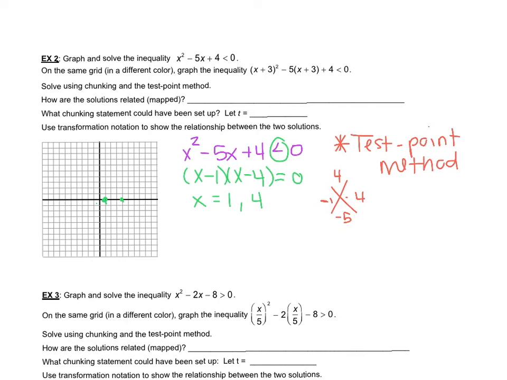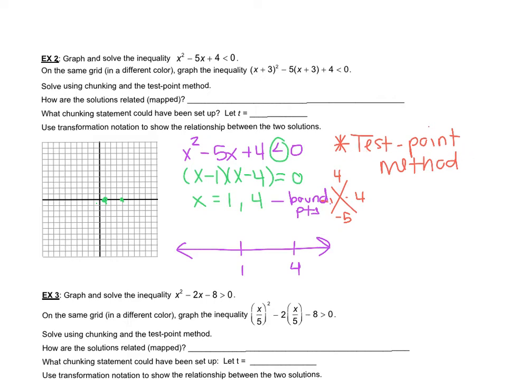Now, to figure out whether or not this quadratic is positive or negative around these boundary points, in the test point method, once you find the boundary points, plot them on a number line, and then what we're testing, we plotted the points, now we're going to test.